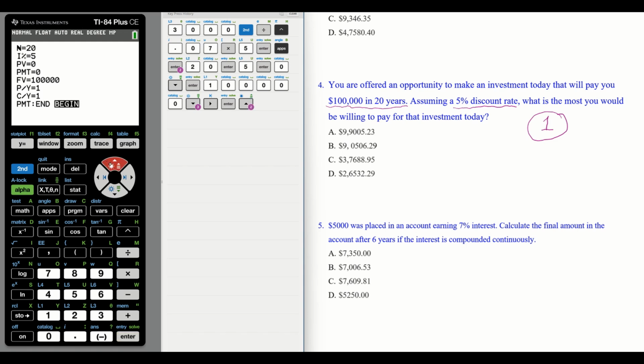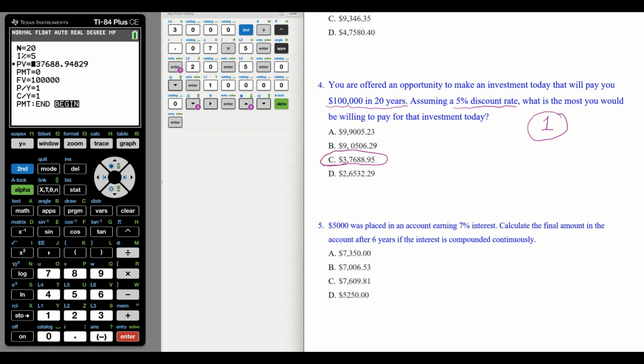We go back up, but we're looking at this present value. Okay, so what we do is we push alpha, enter, and it gives us the value. Notice that negative symbol there again. Crucial that you pay attention to that. Okay. And that is number C.